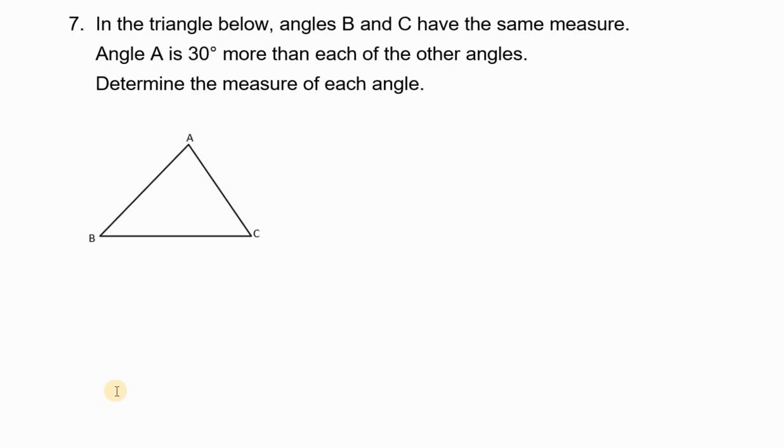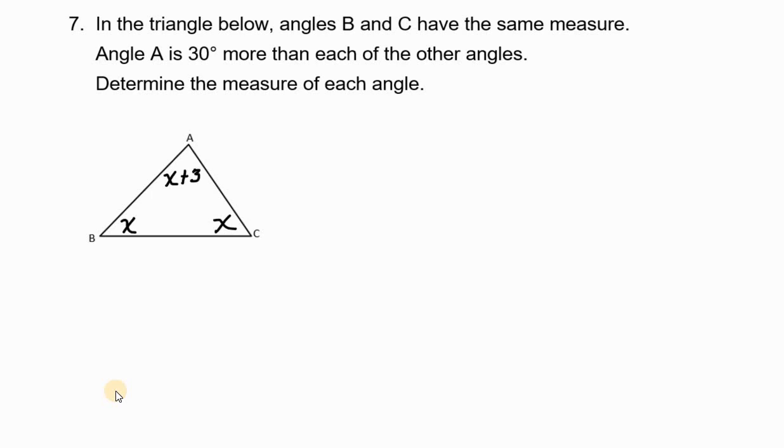In problem 7, in the triangle below, angles B and C have the same measure, and angle A is 30 more than each of the other angles. Determine the measure of each angle. I'm going to let x be the measure of angle B, and since B and C are equal, x is also the measure of angle C. Now, angle A is 30 more than either one of those, so angle A is x plus 30.